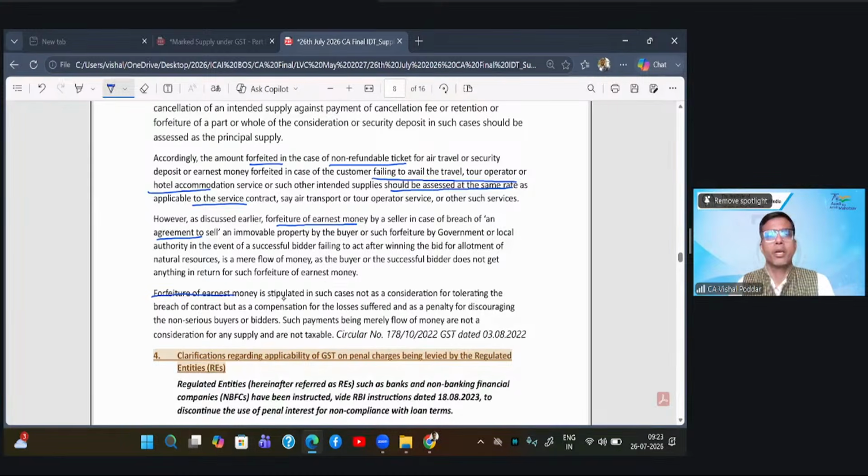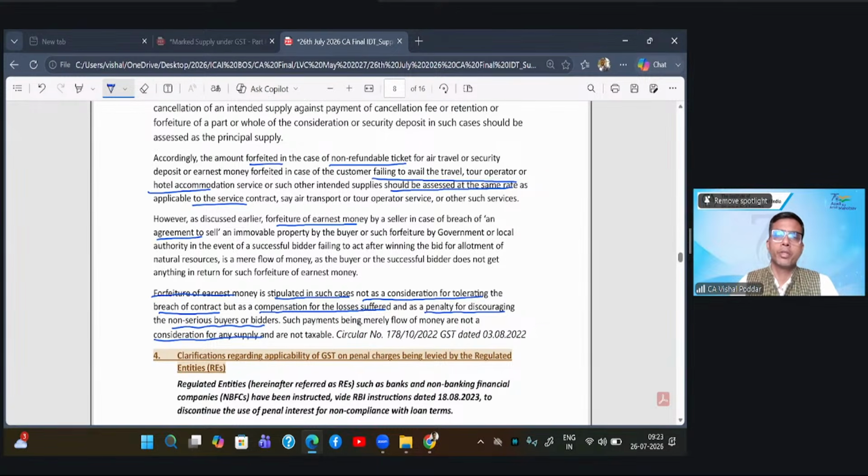In this case, whatever amount you had paid at the start, the builder may decide to forfeit that amount. Now, if there is forfeiture of this amount, and the forfeiture money is stipulated in such cases not as a consideration for tolerating the breach of the contract, but as a compensation for the loss suffered and as a penalty for discouraging non-serious buyers or bidders, such payment being merely a flow of money is again not a consideration for a supply and not taxable.